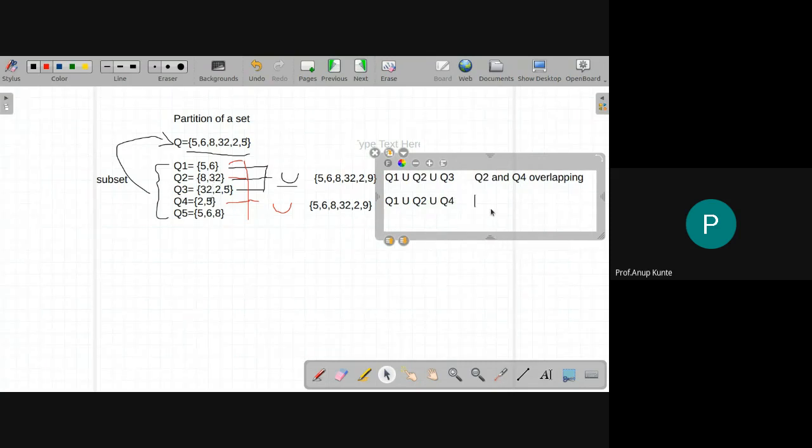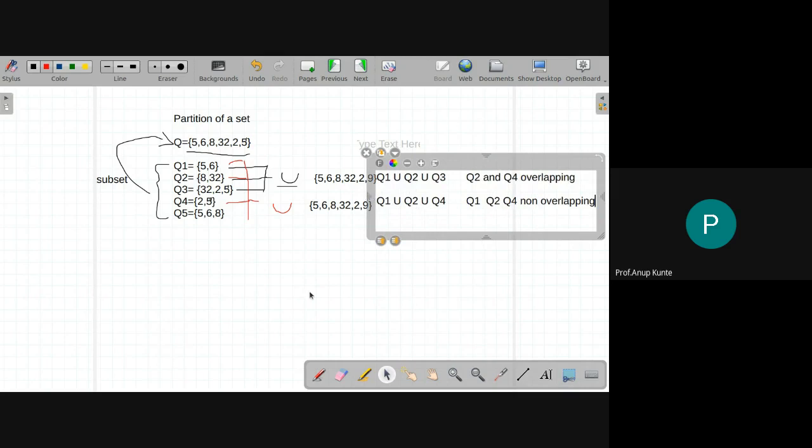Whereas here, all three sets, which are subsets of the original set, Q1, Q2, and Q4, are non-overlapping. So here is another definition of a partition set.